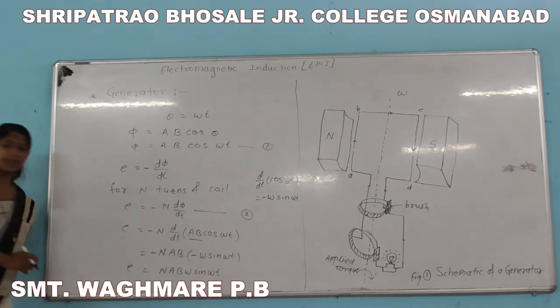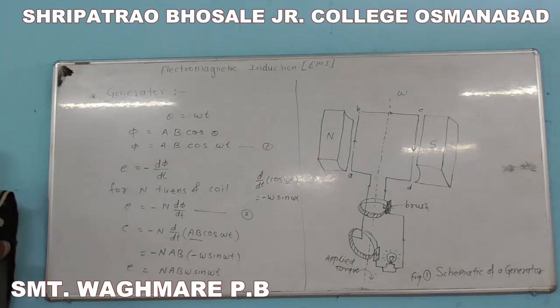This is the value of E induced in the coil, that is E is equal to NAB omega sin omega t.